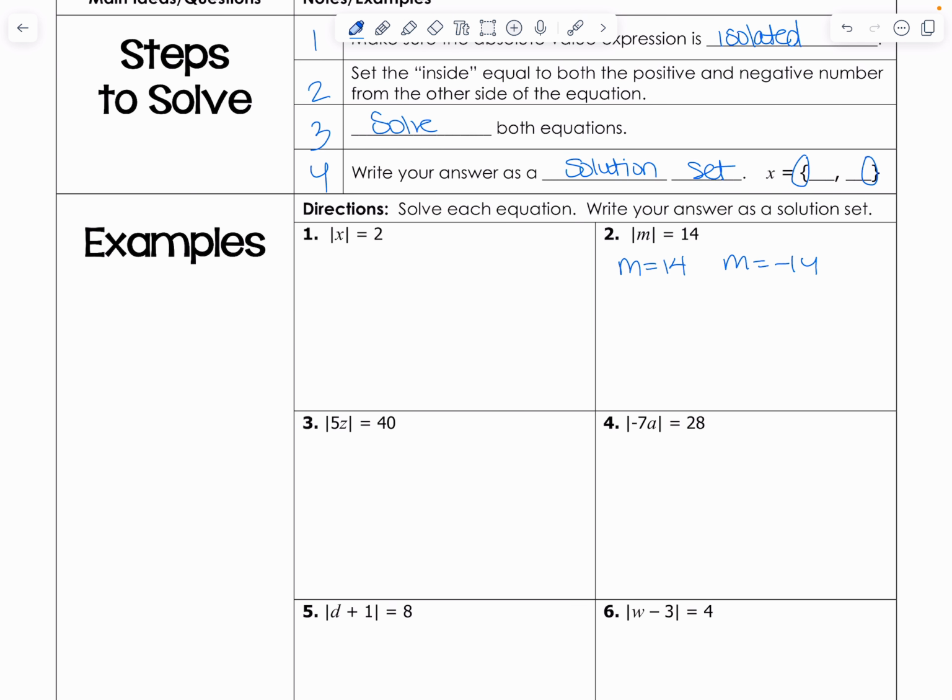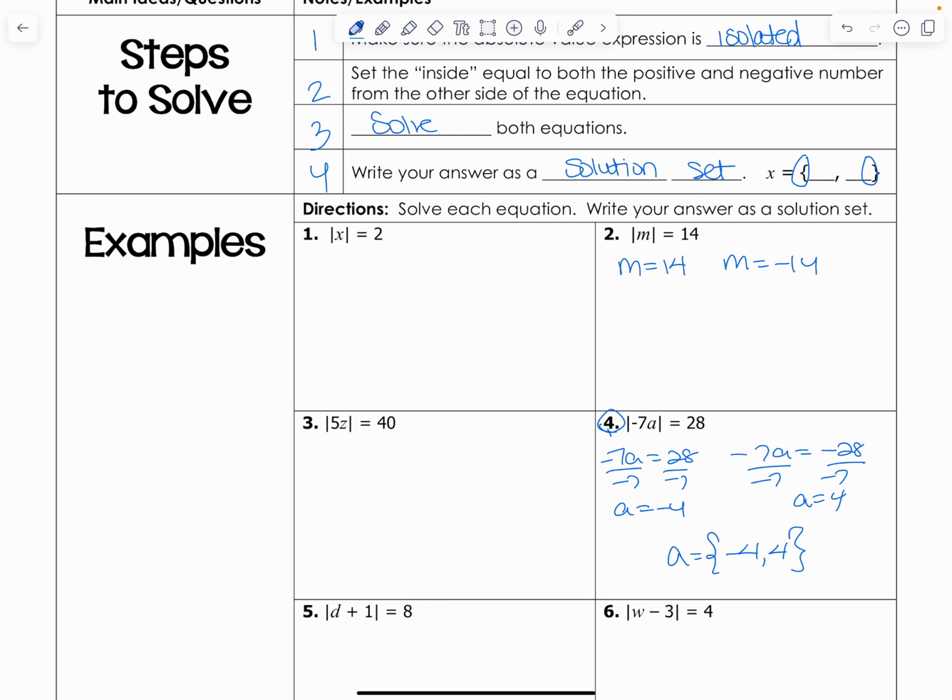So then for 4, it'd be negative 7a is equal to 28, and negative 7a is equal to negative 28. That's what I mean by setting them equal to a positive and a negative value. So divide both sides by negative 7, so a is equal to negative 4. Divide both sides by negative 7, so a is equal to 4. So a is equal to, curly bracket, negative 4, 4, and another curly bracket.